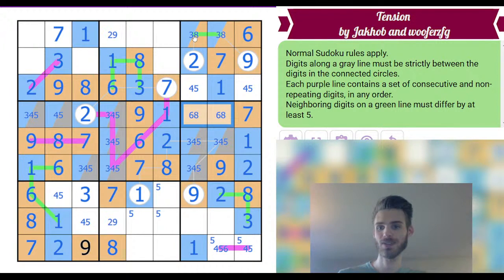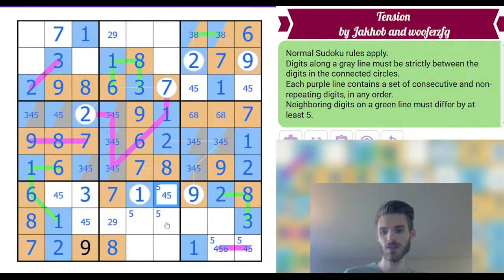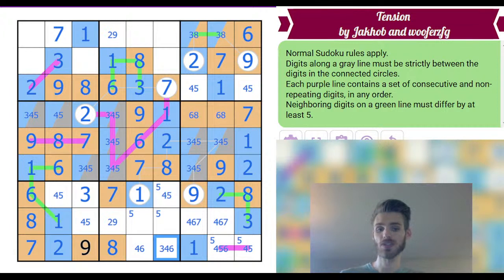That doesn't quite resolve anything. This is a 4, 5. This is 6, 4, and 7. Down here we have 6, 4, and 3, which is placed. This is 4, 5, and 6.